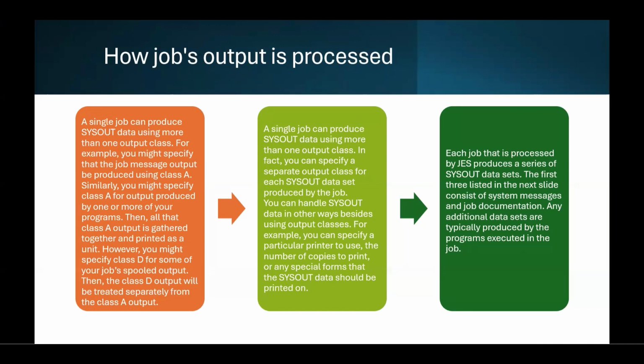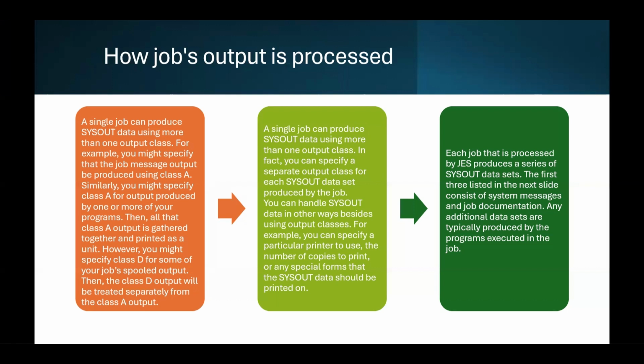A single job can produce SYSOUT data using more than one output class. For example, you might specify that the job message output be produced using class A. Similarly, you might specify class A for output produced by one or more of your programs. Then all that class A output is gathered together and printed as a unit.